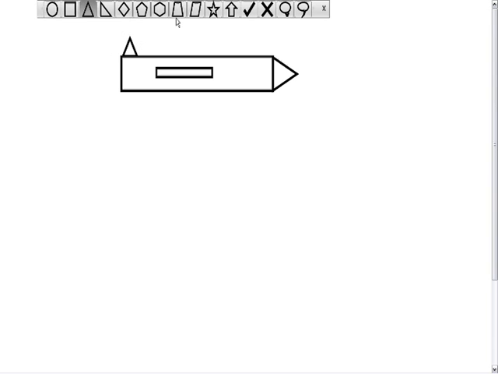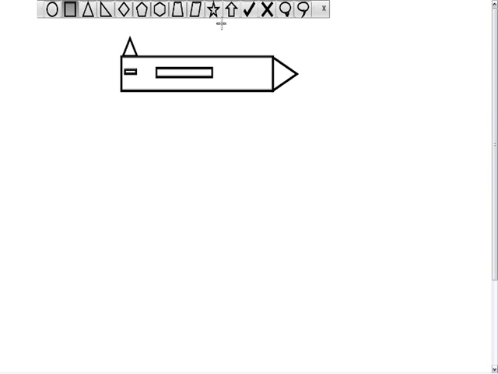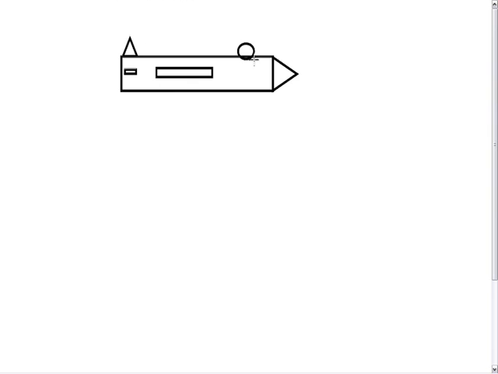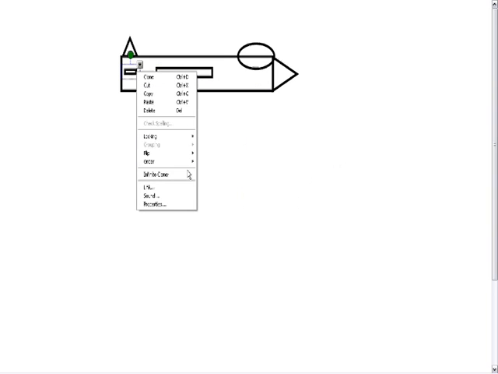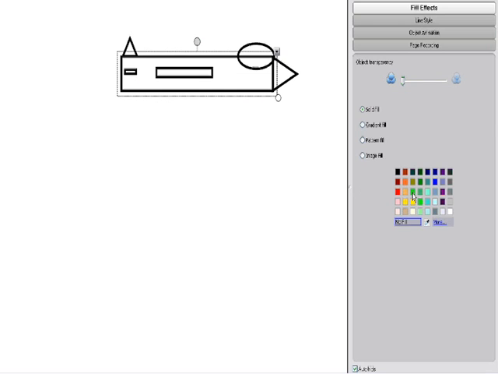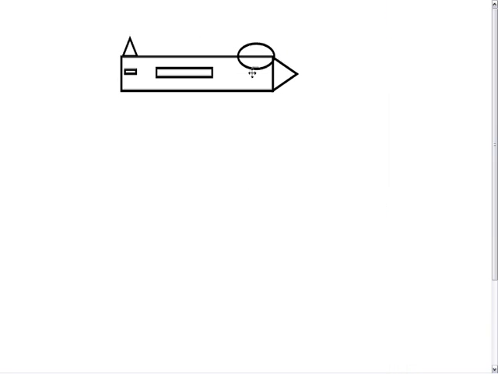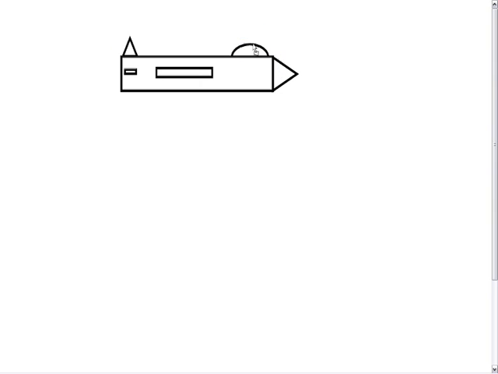And yeah, this turned into an awesome plane. I am so good at art. I don't know why I became a teacher. I have no idea. And we need a little domey bit. Domey bit may be a problem. There's one domey bit. I fill this in. Order bring to front. Order bring to front. If this works, it will be a minor miracle. I'm so bad at art, it's not funny. Right, there we go. Awesome.